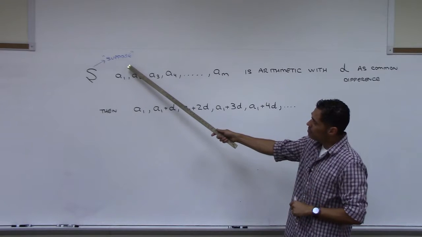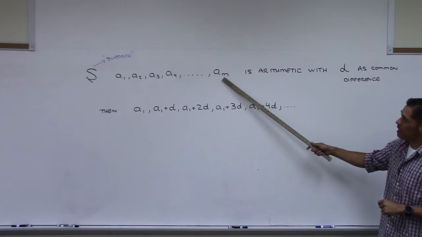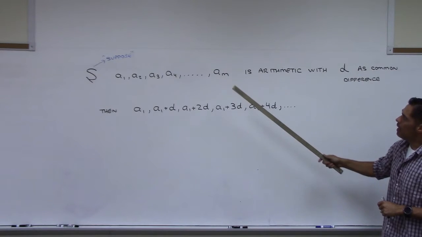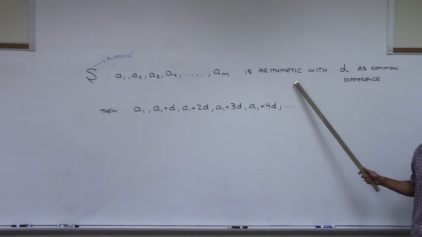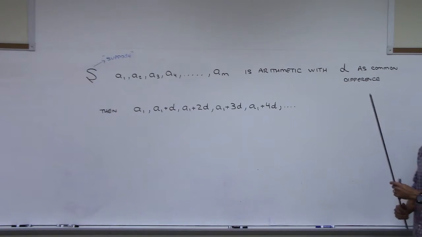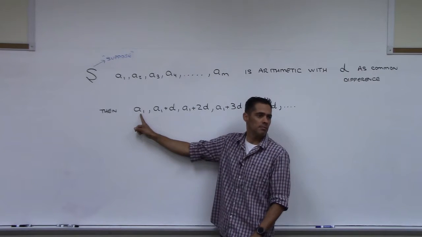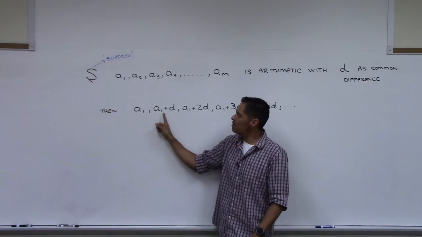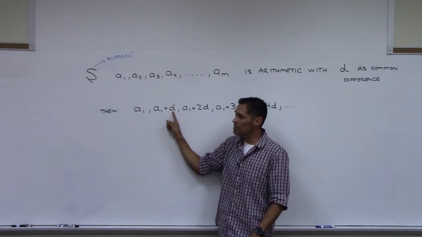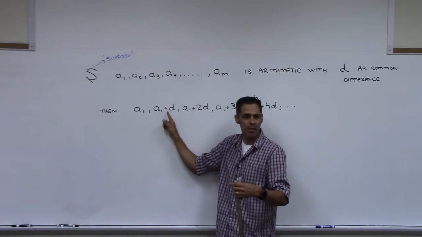So suppose that you have a sequence, it's finite, it stops at m, and that it's arithmetic. I'm telling you it's arithmetic, and the common difference is d. Then the first number of the sequence is a sub 1. We all agree with that, right? The next one should be a sub 1 plus d, because the common difference, I have to jump by d, right? So I take this number, I add d to it.